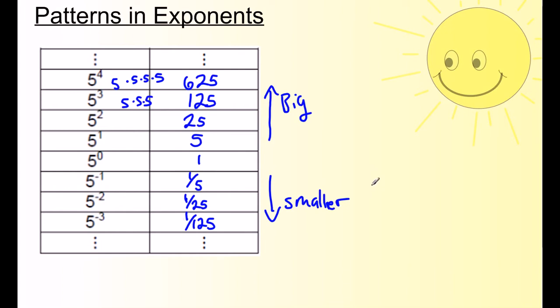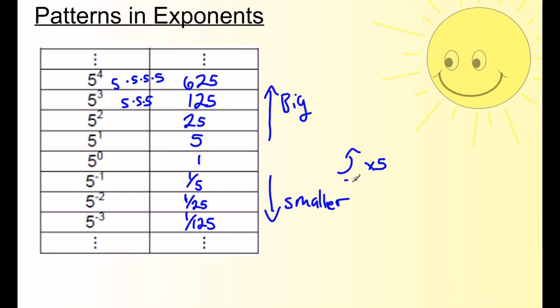Another way I just thought of about thinking about this is every time you go one step bigger, you are multiplying by 5. I mean, think about it: 5 times 5 times 5 times 5. Even starting down here, if you start at 1 over 125 and you multiply by 5, you're going to get 1 over 25, multiply by 5, multiply by 5.